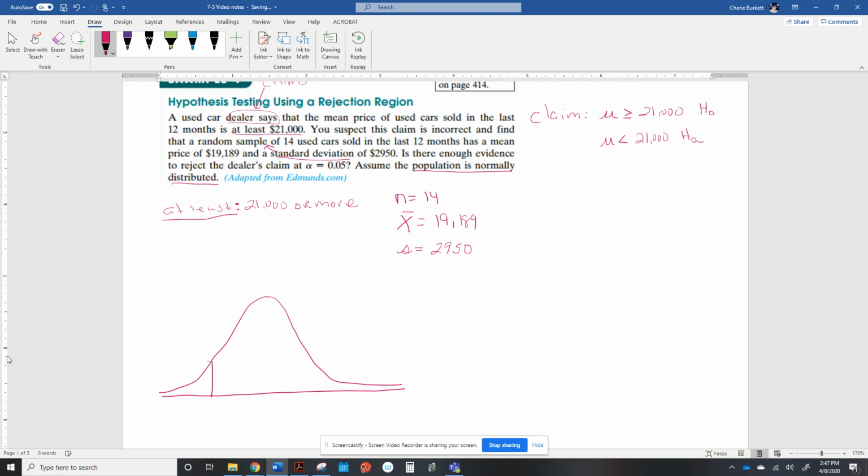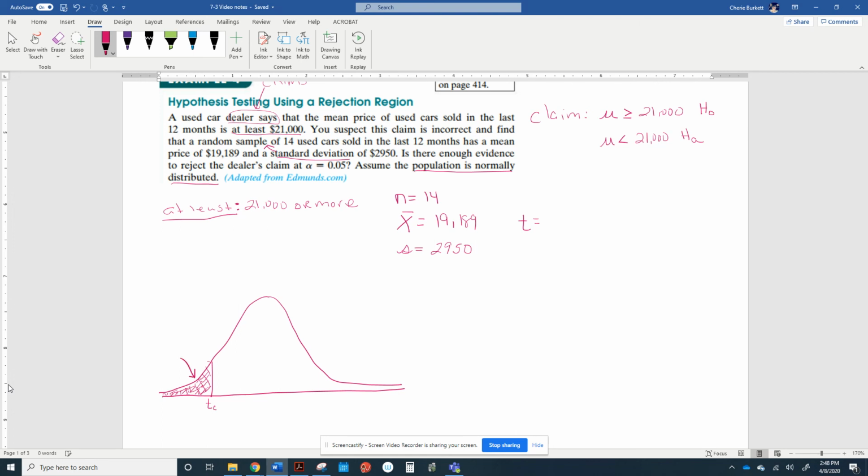So we've got shading over here, and we need that critical value right there. This part right here is shaded, but we need this critical value, because in order to have a rejection region, you have to have a critical value, and then you have to have a test statistic. So we can calculate the test statistic, but in order to figure out where its placement is going to be, we've got to know where this critical value is.